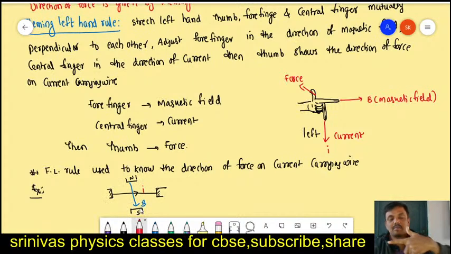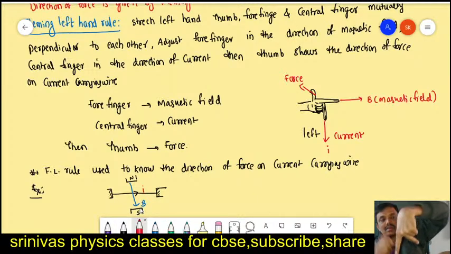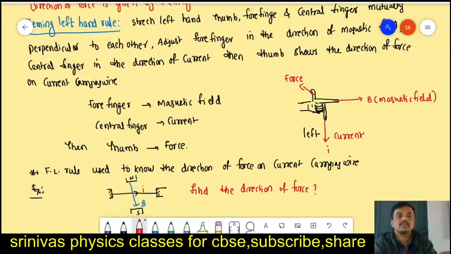Draw this on paper. Adjust the forefinger in the direction of the magnetic field, which is downward. The central finger should be in the direction of the current, right side. Then the thumb is pointing inward. Like this, we can find out the direction of force.